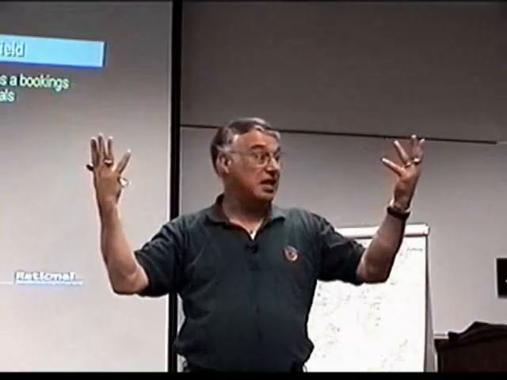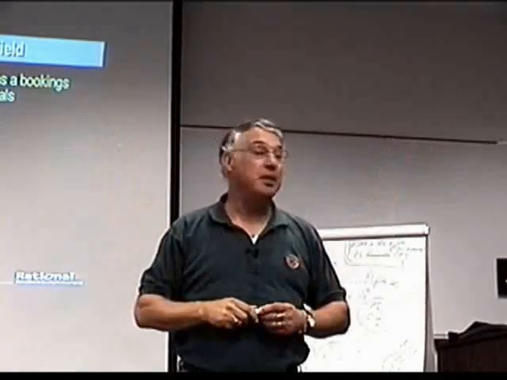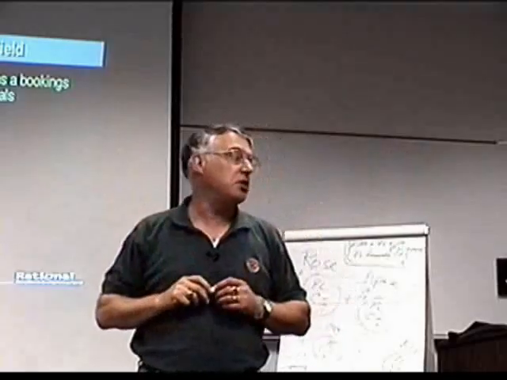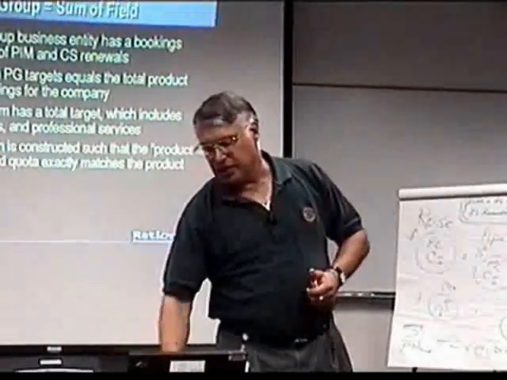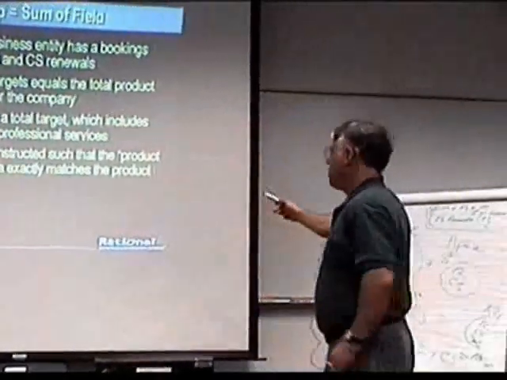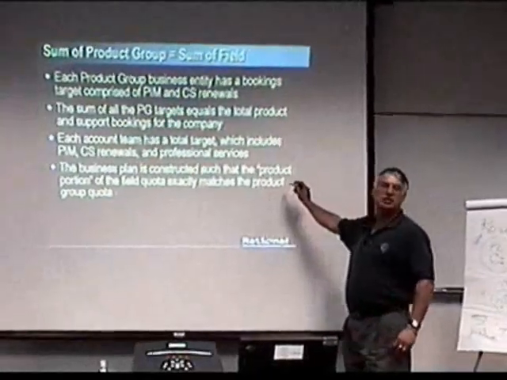So you can see that's an interesting exercise to come up with a consistent business plan. And yet we do this every year. Every year we make it come out so that the product group number and the field number is constructed such that the product portion of the field quota exactly matches the product group quota.